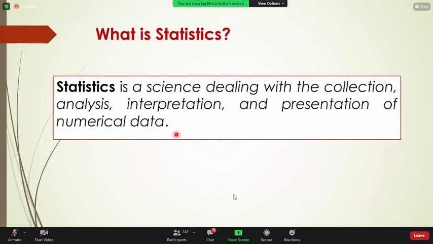In the first two cases, we are looking at statistics as numerical facts. Here, how are we looking at statistics? Any answer? In which perspective?